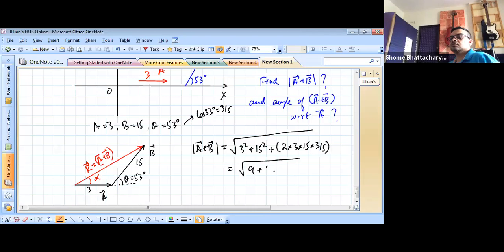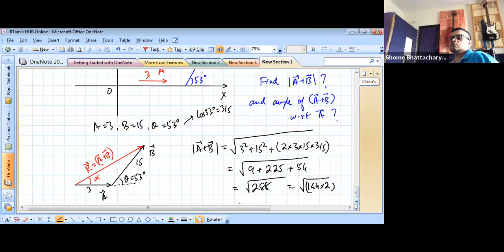So this is becoming 9 plus 225 plus 54 times 3 by 5 times... This will become the square root of 288, which you can write as 144 into 2.